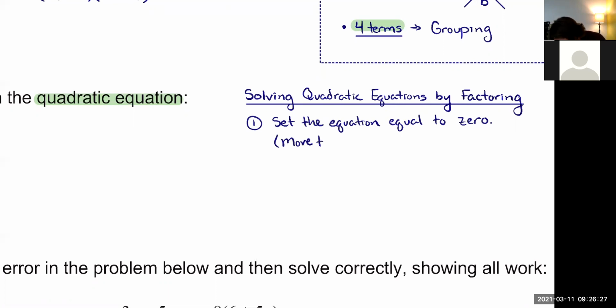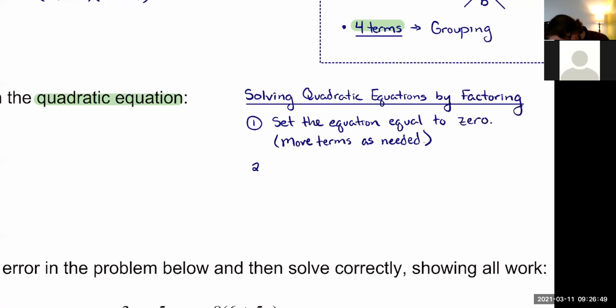Sometimes we'd have to move terms as needed. So if we had terms on both sides, that's where we added or subtracted things to get everything slid to one side of the equation, setting the other side equal to 0.